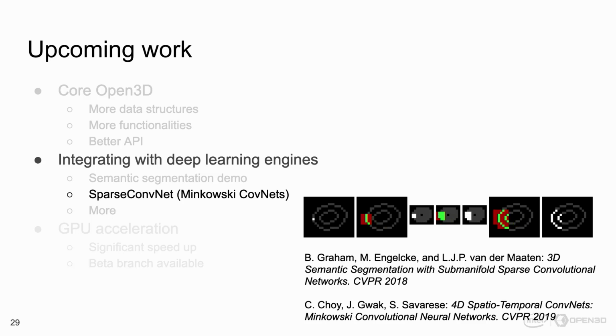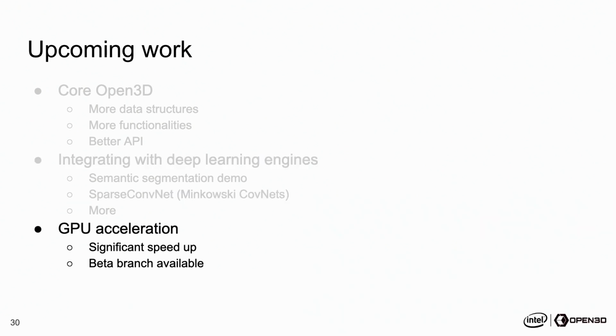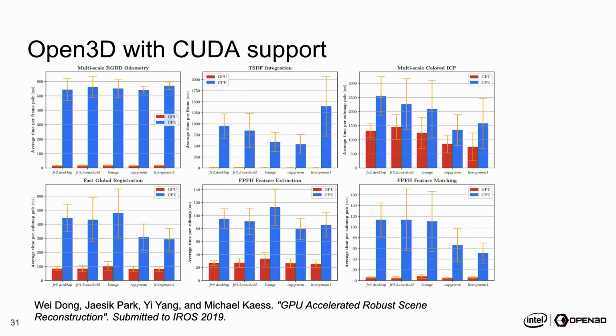Right. So with that, the next thing we want to highlight is the GPU integration. As we discussed in the previous presentation, sometimes it's nice to offload some heavy computation onto an accelerator. GPU is one of those accelerators. And we have done preliminary work with the community, with our collaborators, on GPU accelerated Open3D. So here's one of the very recent results. We see significant speed improvements with GPU acceleration.